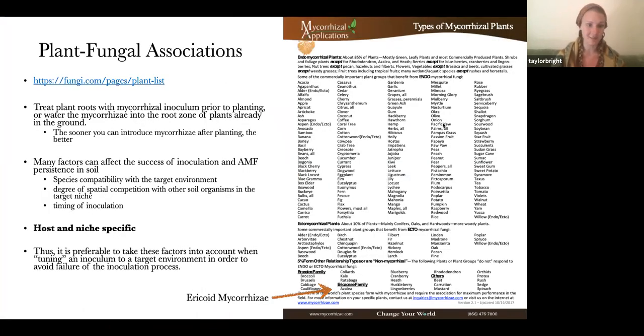don't try to read all these plants right now, but this is just a list that shows how many of our plants are reliant on mycorrhizal fungi. So our endomycorrhizal plants, we have alfalfas and almonds and apples and cypresses, dogwood, eggplant, it goes on and on and on.